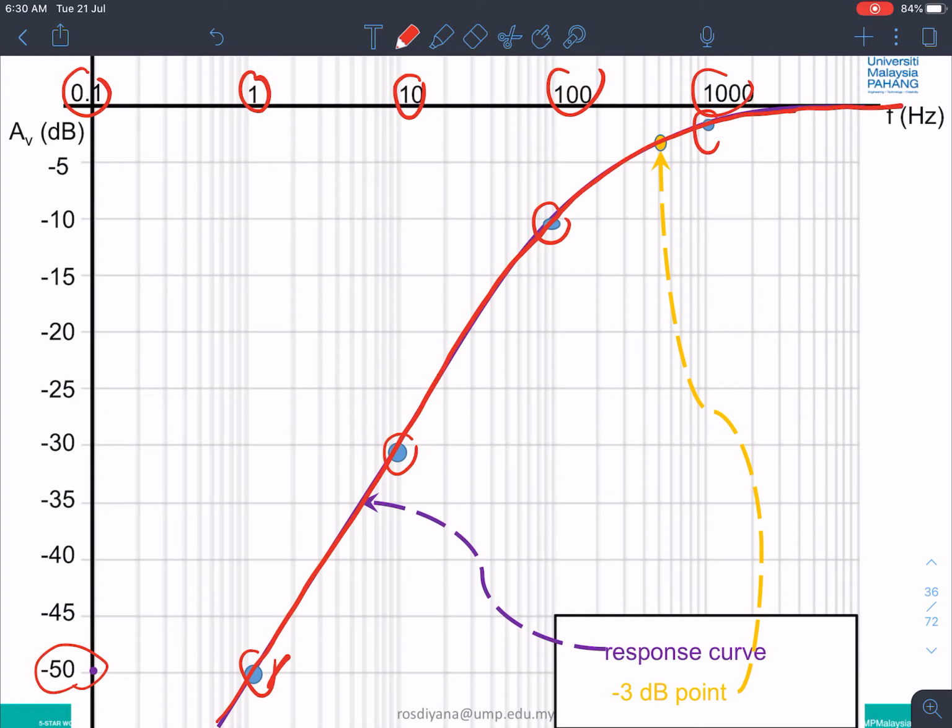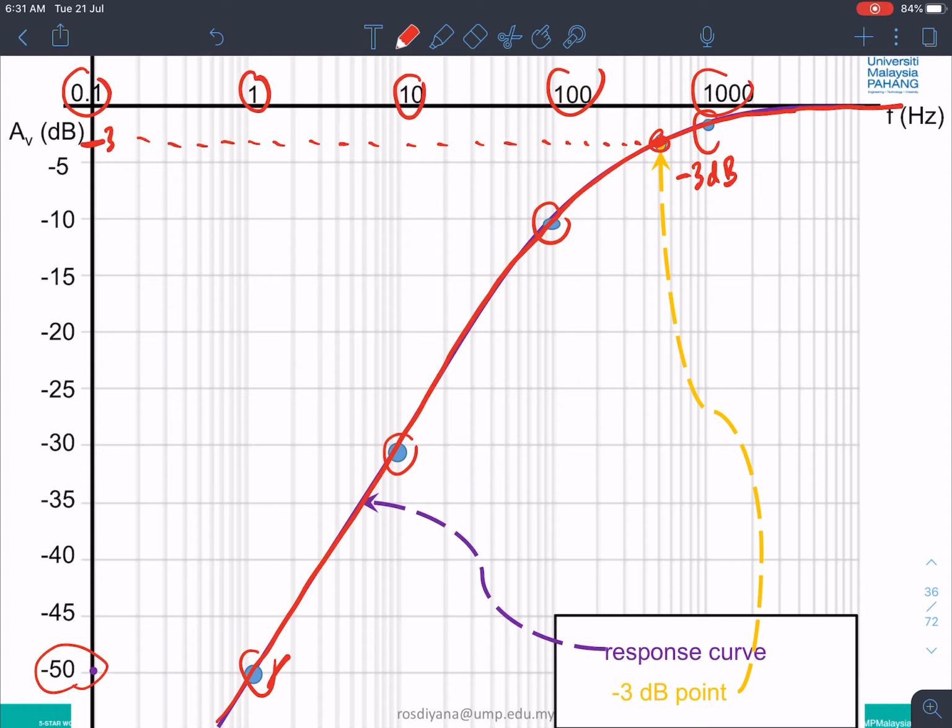After that, don't forget to label the negative 3 dB point. At this point, I measure negative 3 somewhere here. So I get this point. Here is negative 3 dB. Why is the 3 dB so important?